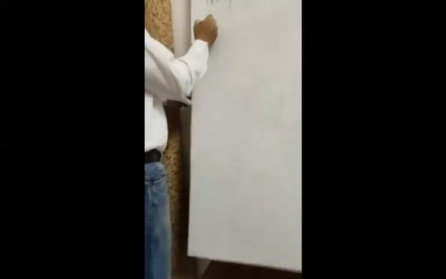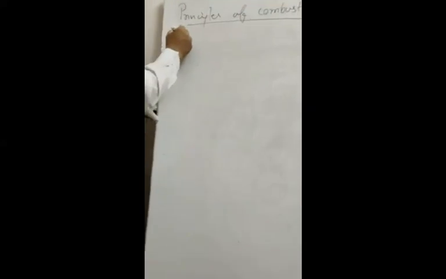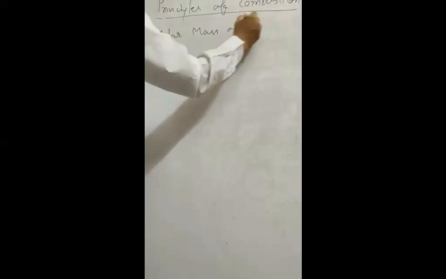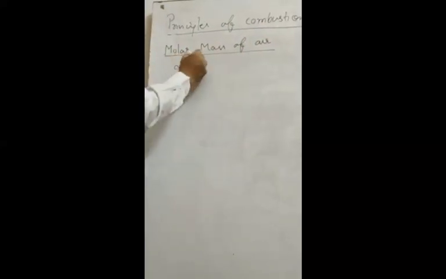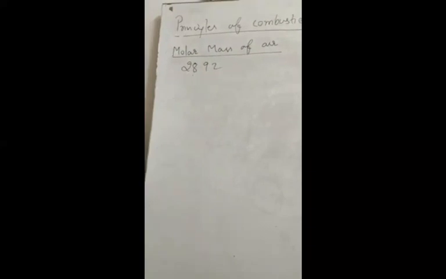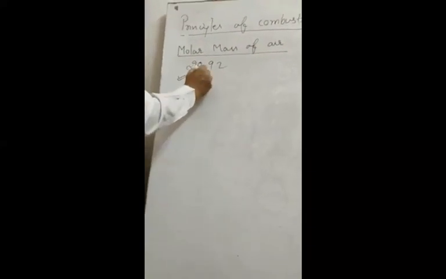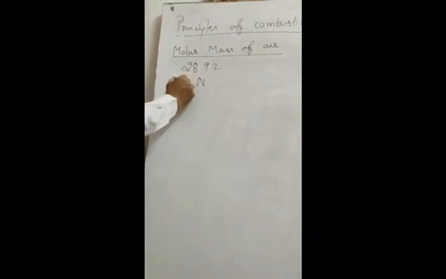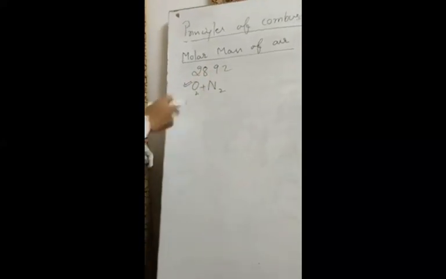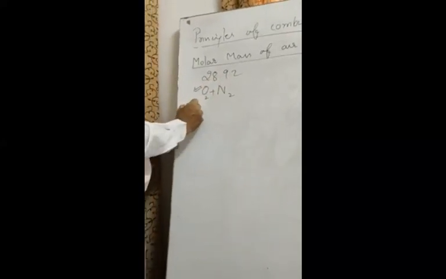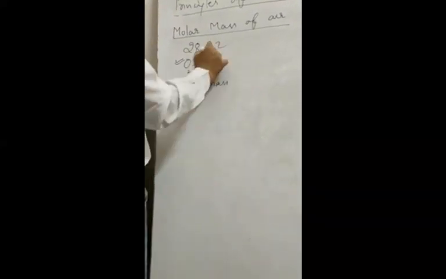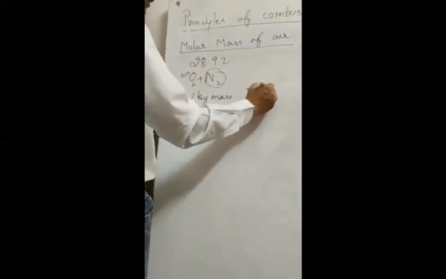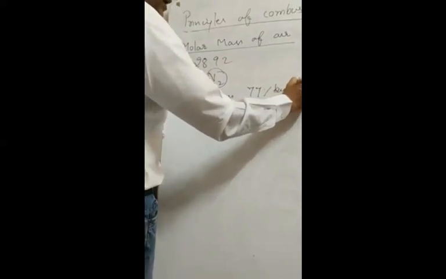Now, based on this only, the molar mass of air comes out to be 28.92. How does it come out? We know that the maximum is contributed by oxygen and nitrogen. Oxygen itself is 23% by mass, and nitrogen is about 77% by mass.